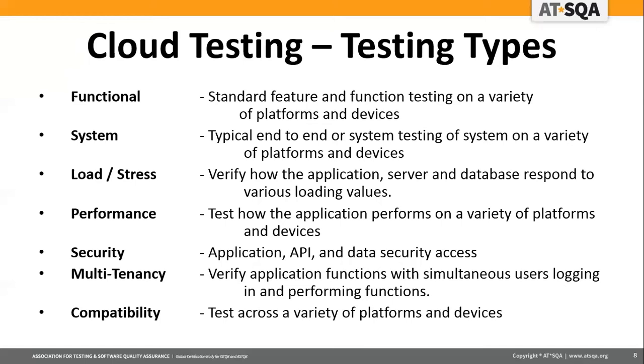The same with load and stress and performance. Security, again, the same. You can do all your security testing using the cloud for your application, your APIs, and your data. One distinct advantage is you can do multi-tenancy testing quite easily in the cloud. So you can verify your application functions when any number of users are logging in and performing functions.